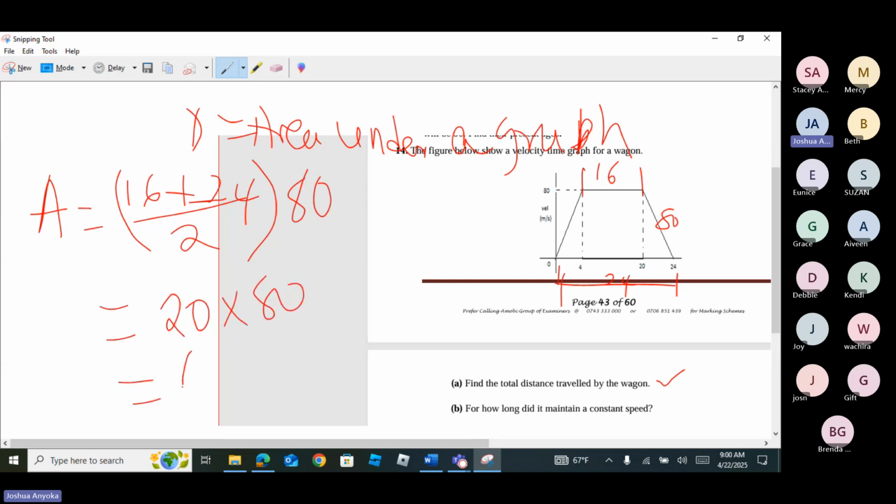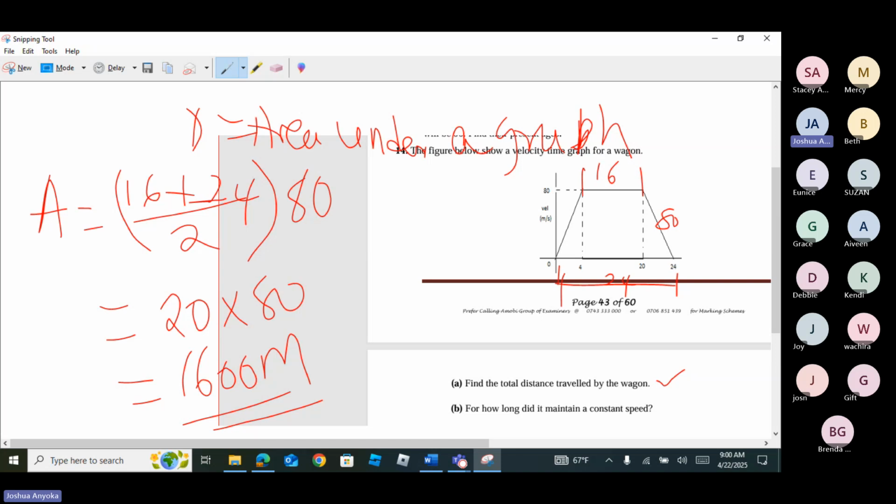This gives us 1600 meters. That is the distance. It is as easy as this if you remember these concepts. That when you are asked in a velocity time graph to determine total distance traveled, it is the area under the graph.